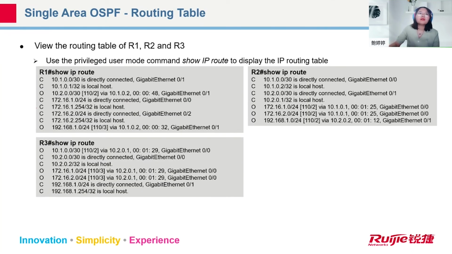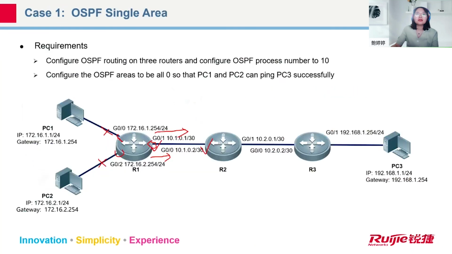And you can use the command show ip route to check router 1. Except for the 3 direct routes, we also get the segments 10.2.0.0 and 192.160.1.0, right? One segment for this link, one segment for this link.